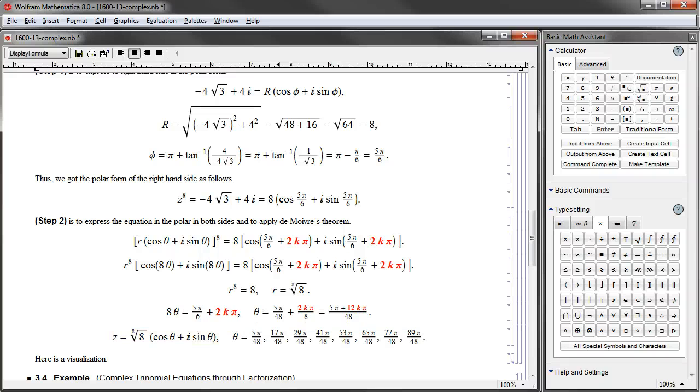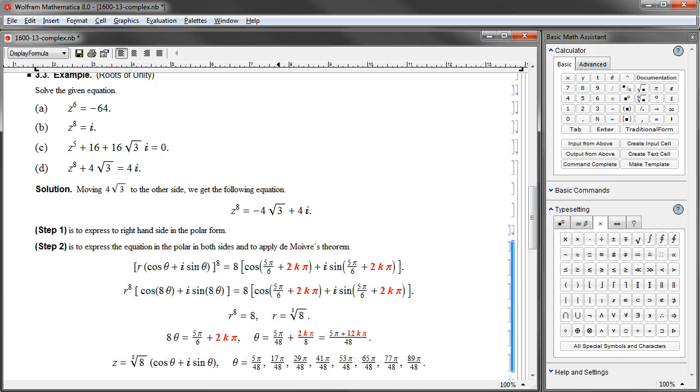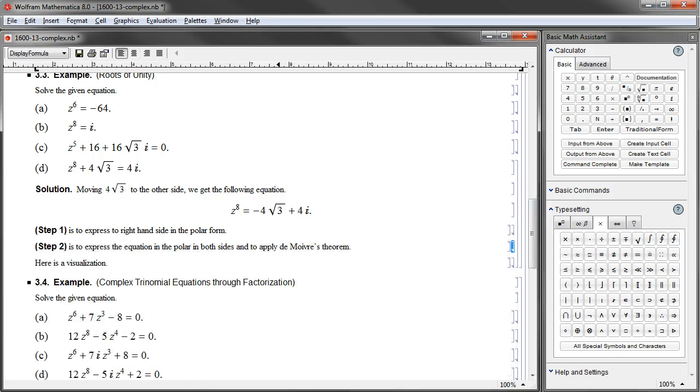This is a general way to solve a complex equation of the form z to the nth power equals w. First, express it as z to the nth power equals w. You may regard it as step 0 or something like that. And then step 1 is to express the right-hand side in the polar form, and that is itself a problem.